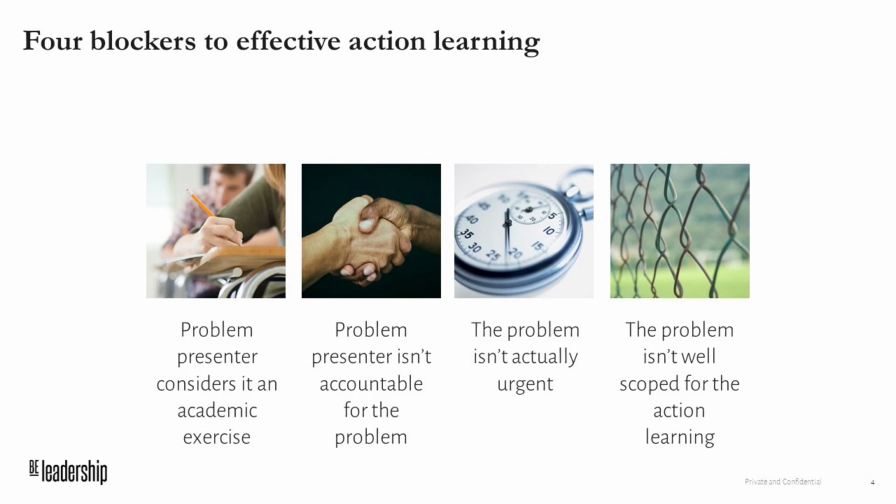But when I did research to understand why it wasn't really very powerful, I learned that vice presidents were bringing challenges that weren't actually real and weren't actually urgent, because they said, actually, if I have a real or an urgent problem, someone's already working on that. So the third challenge is making sure that the problem is real or urgent, because it's really difficult to get to actions if they're not.